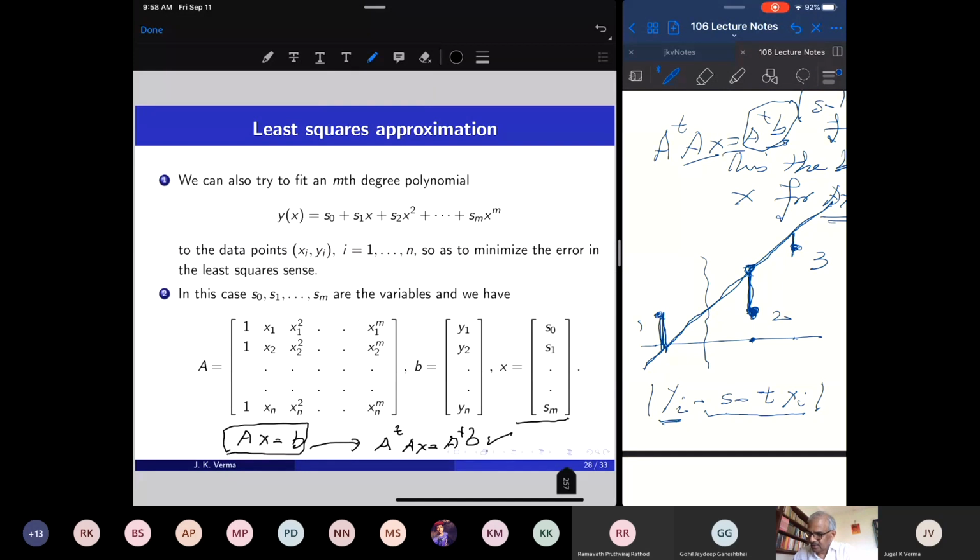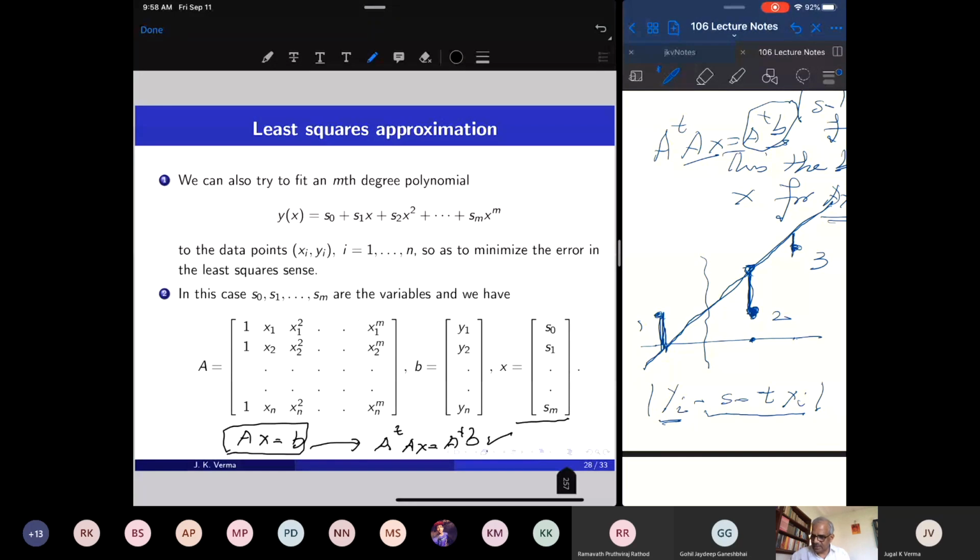And if the column vectors of A are linearly independent, there is a unique solution, because I proved that the rank of a matrix A is equal to the rank of A transpose A. It is also equal to the rank of A transpose. So if the column vectors of A are linearly independent, then A transpose A is going to be invertible, because it is an m by m matrix whose column vectors are linearly independent.